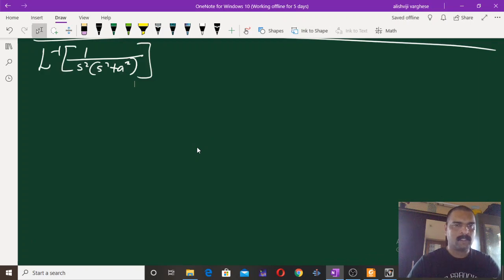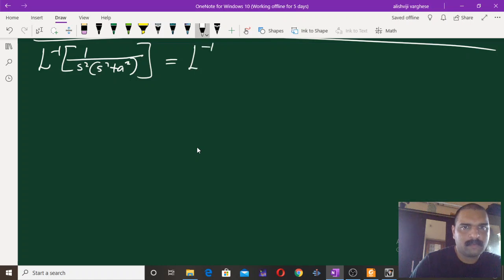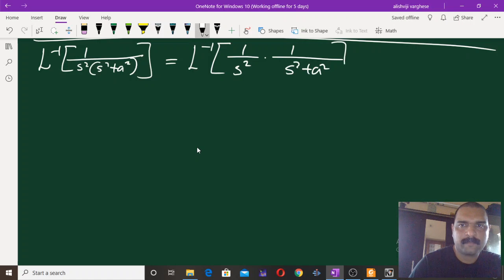Now consider L inverse of 1 by s square into (s square plus a square), which can be written as the product of two functions: 1 by s square into 1 by (s square plus a square).